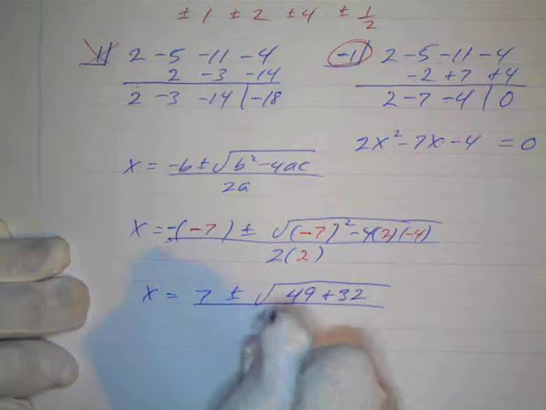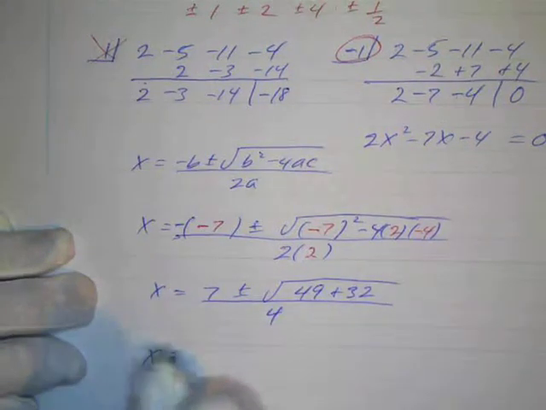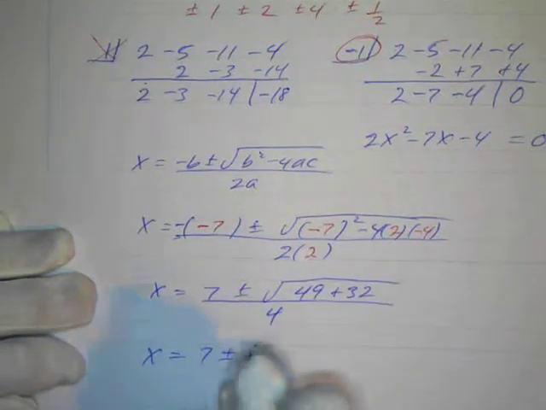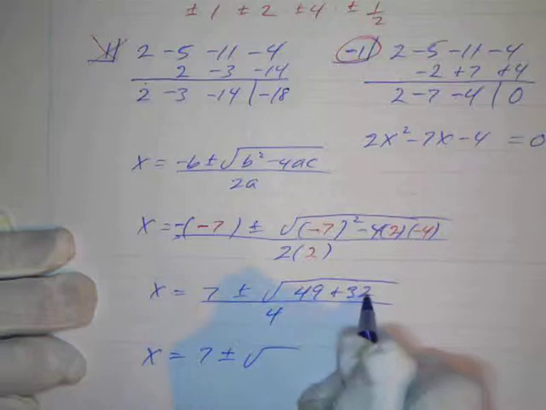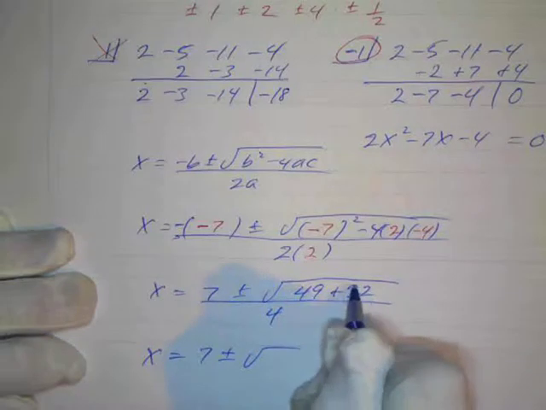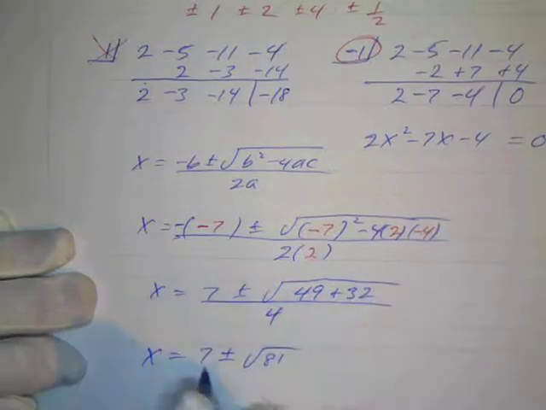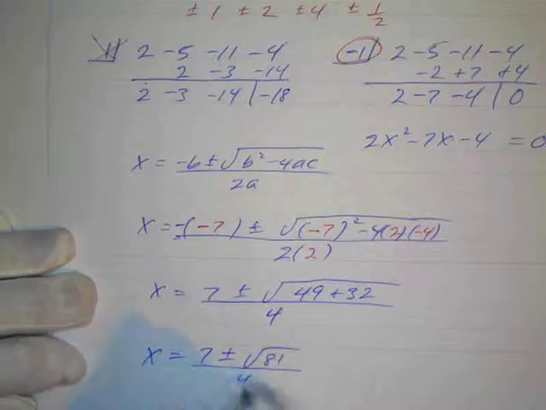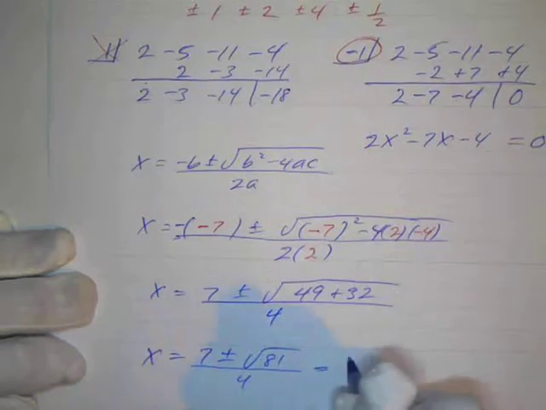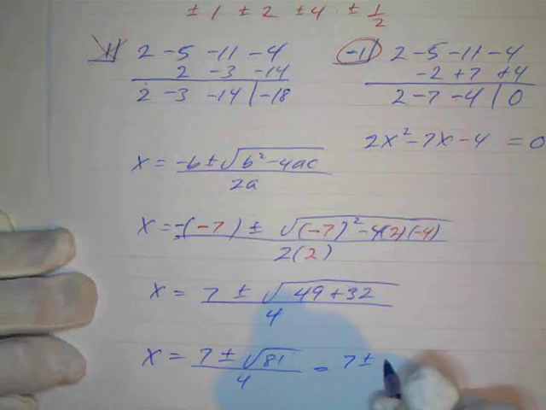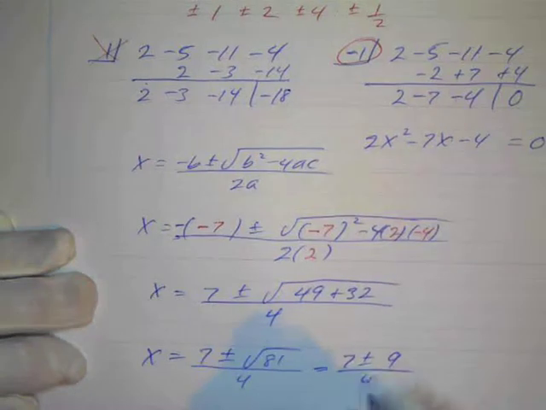All over 2 times 2, which is 4. So x equals 7 plus or minus the square root of 49 plus 32, that's 81, all over 4. And that's going to end up being 7 plus or minus 9 all over 4.